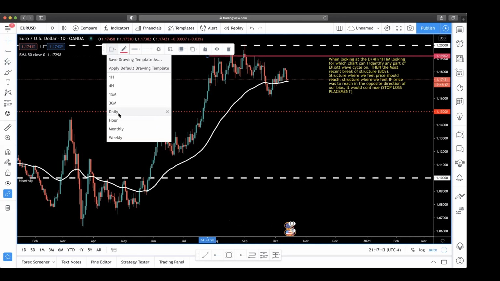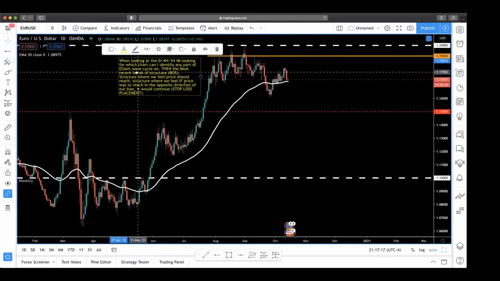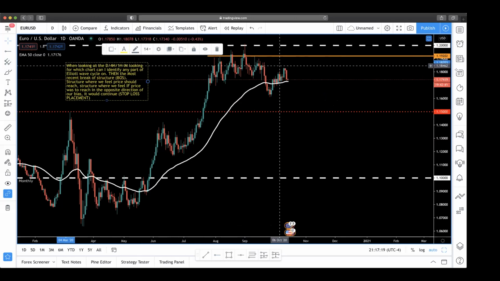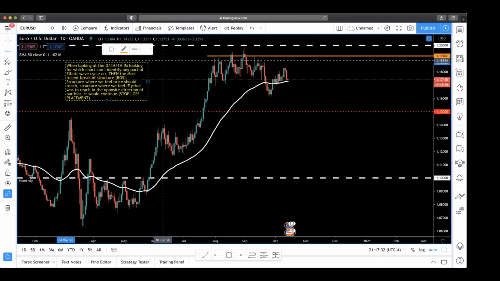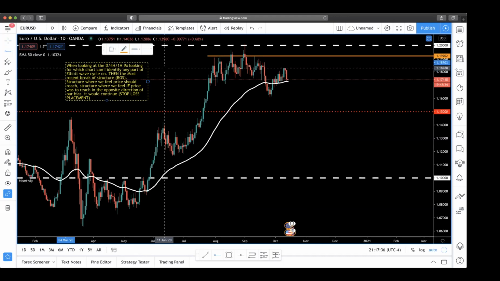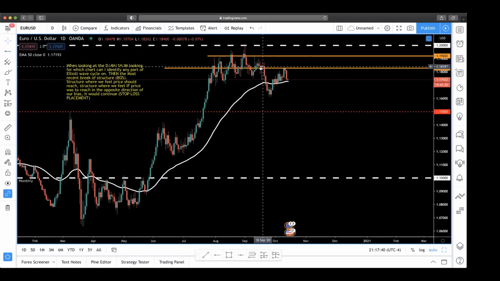And I've got all of my tools color-coded so that way, if I'm on a lower time frame and if price is approaching this structure again, I can immediately tell what type of structure that is. It's convenient. Let me do this one. And I'll zoom in a little bit.